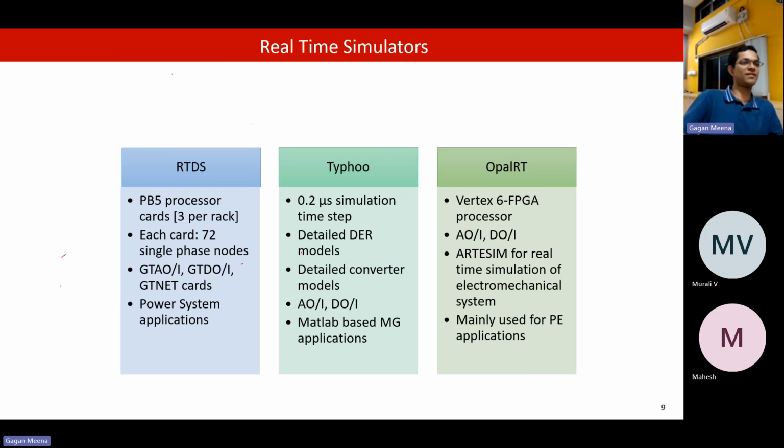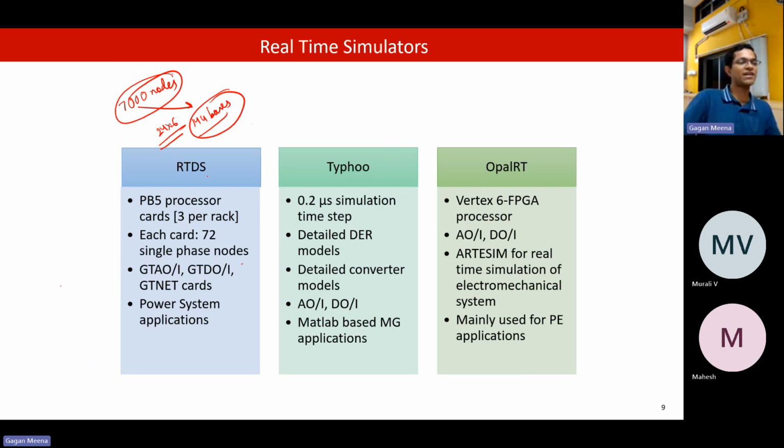And another thing is, when we have limited racks and want to model the entire grid, say the entire grid has 7,000 nodes and the RTDS which we have only supports 24 into 6, 144 buses only, then we need to reduce this network into a 144 bus system.